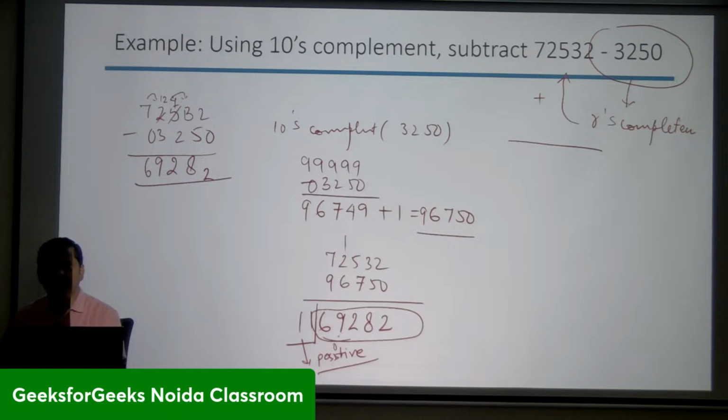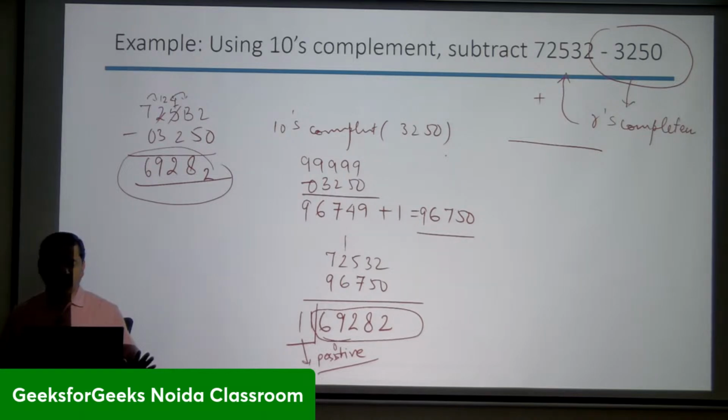Isn't it same that we have found through the subtraction? Got it or not? Yes, sir. Okay. So for any negative number operation or any subtraction, you have to convert that particular negative number into the r's complement and then simply add.